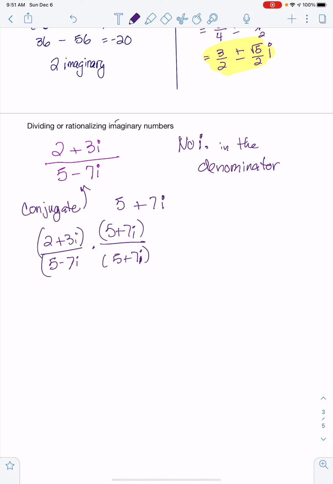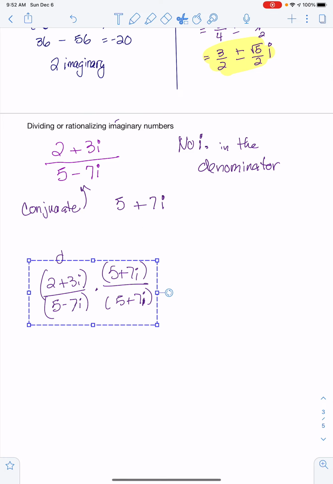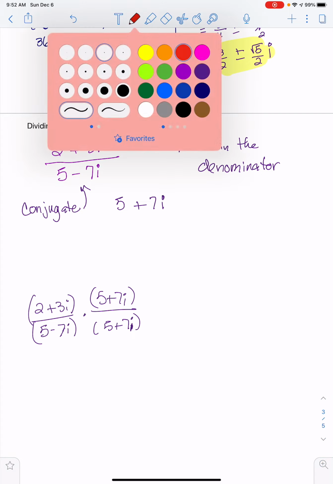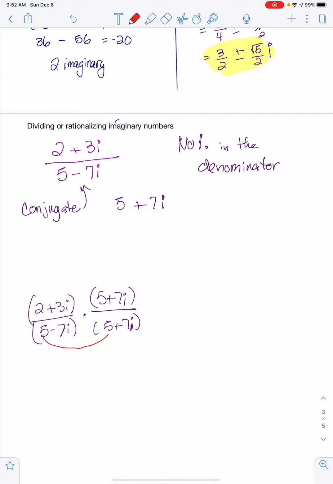And so now what I like to do, I'm actually going to shift this down. I like to do the denominators separately from the numerators. And so I'm going to do my denominators first. So when I distribute these, I'm going to distribute 5 to 5, and that's going to get me 25.